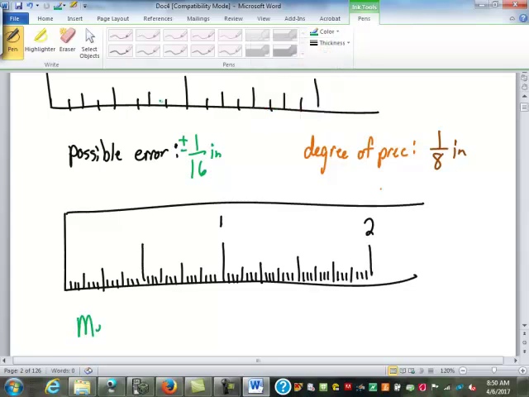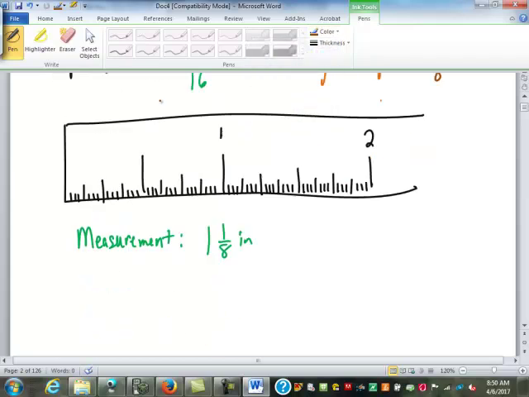Let's say you're given a measurement of 1 1/8 inch. Find the implied range.